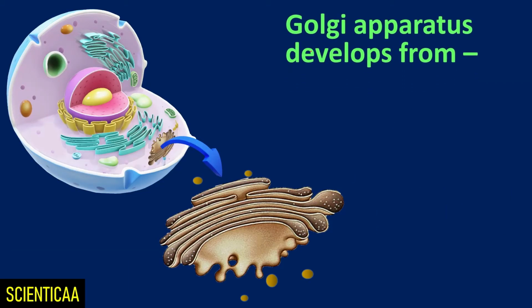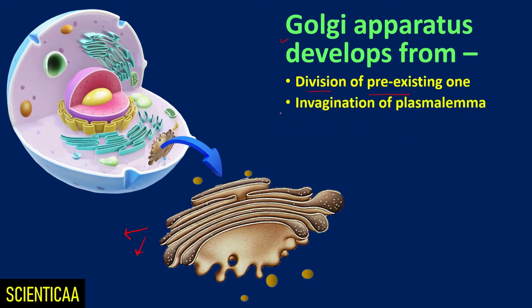How does the Golgi apparatus develop? It develops either from the division of a pre-existing Golgi apparatus, so this can divide and form another Golgi apparatus, or it can develop as an invagination of the plasma membrane, or it can evaginate from the nuclear envelope.